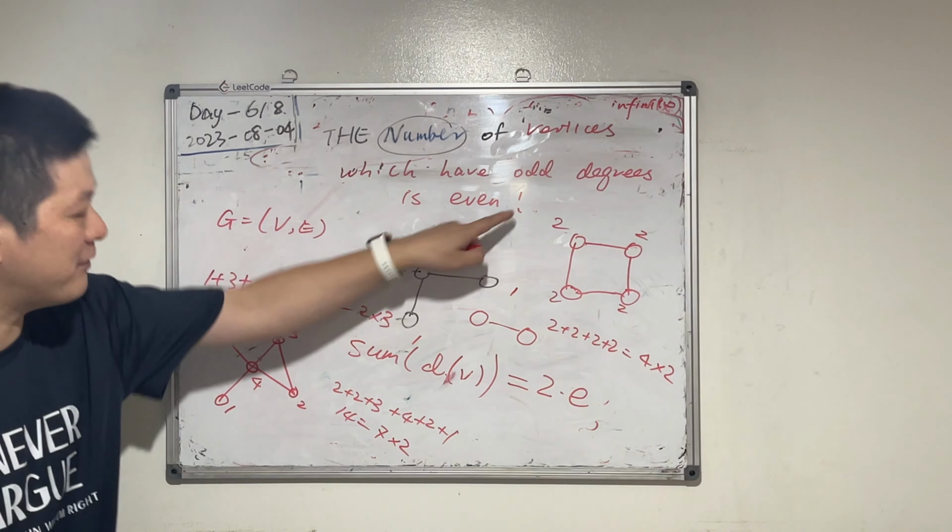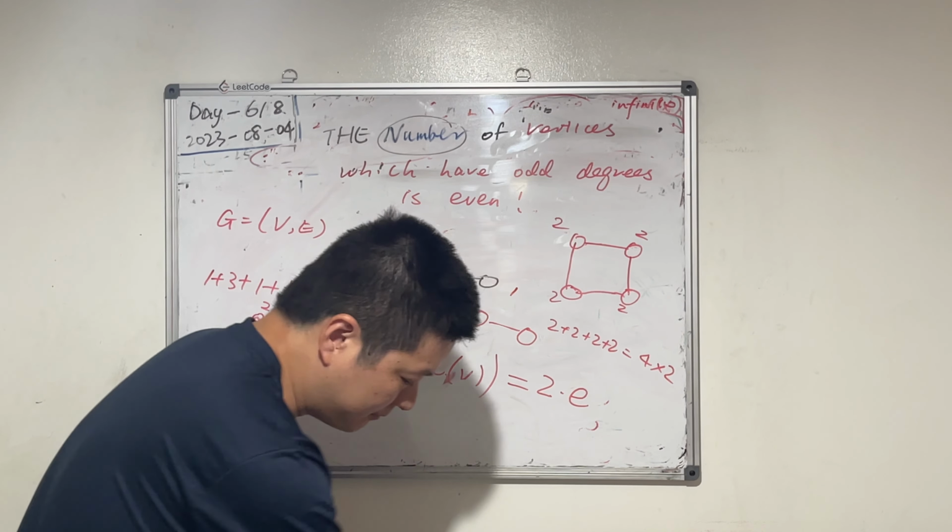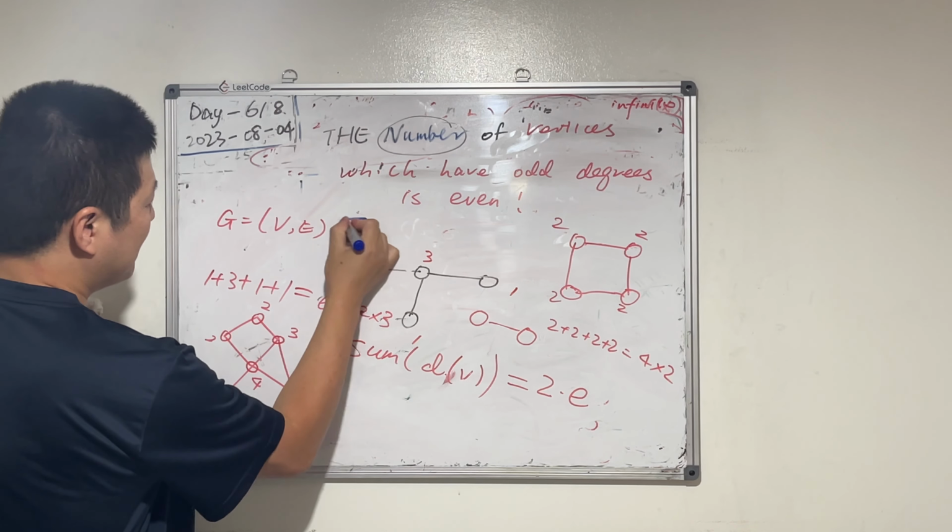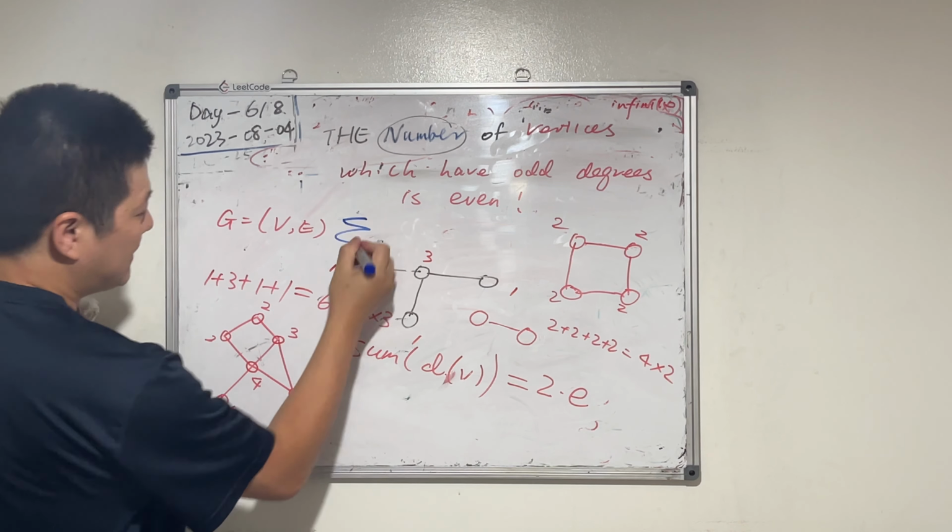So how do we prove it? We base it on this, right? The sum of the degrees, we write it this way. This is the symbol of the sum. Sum of all degrees.